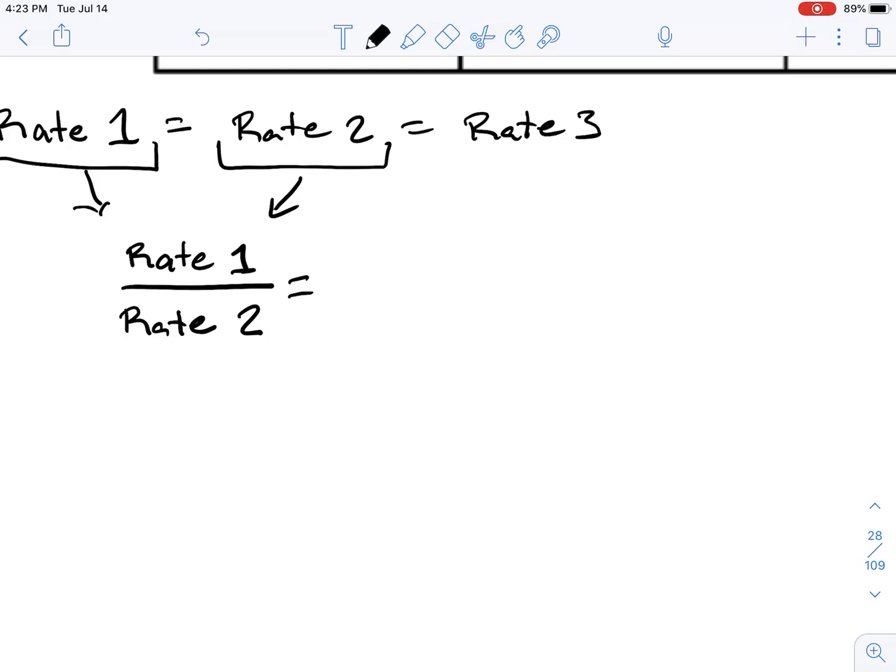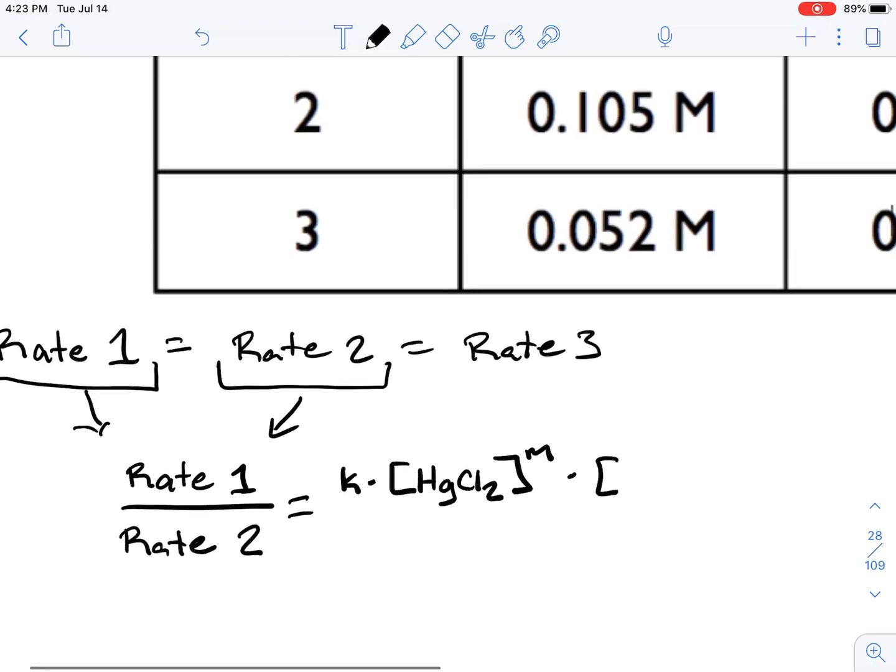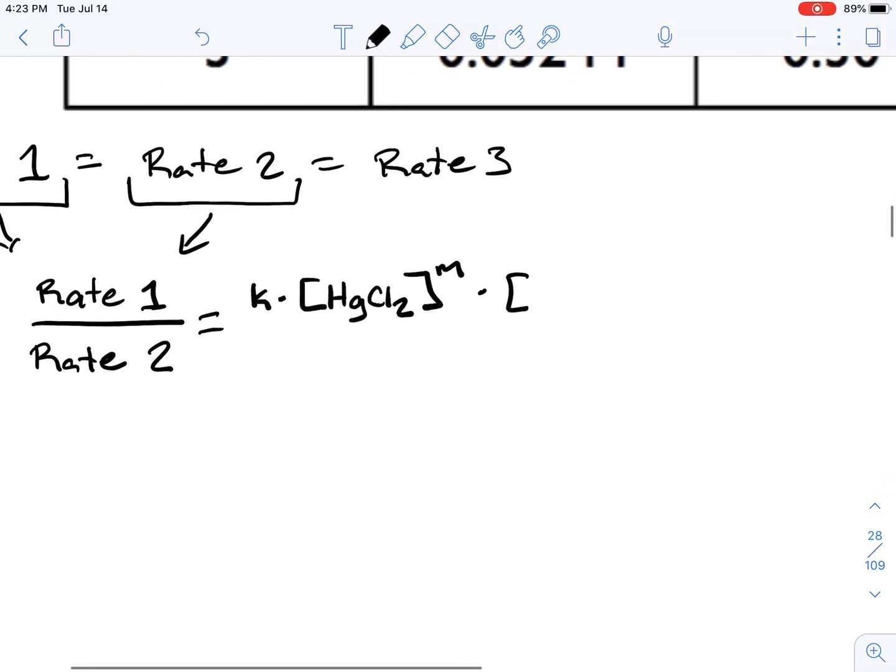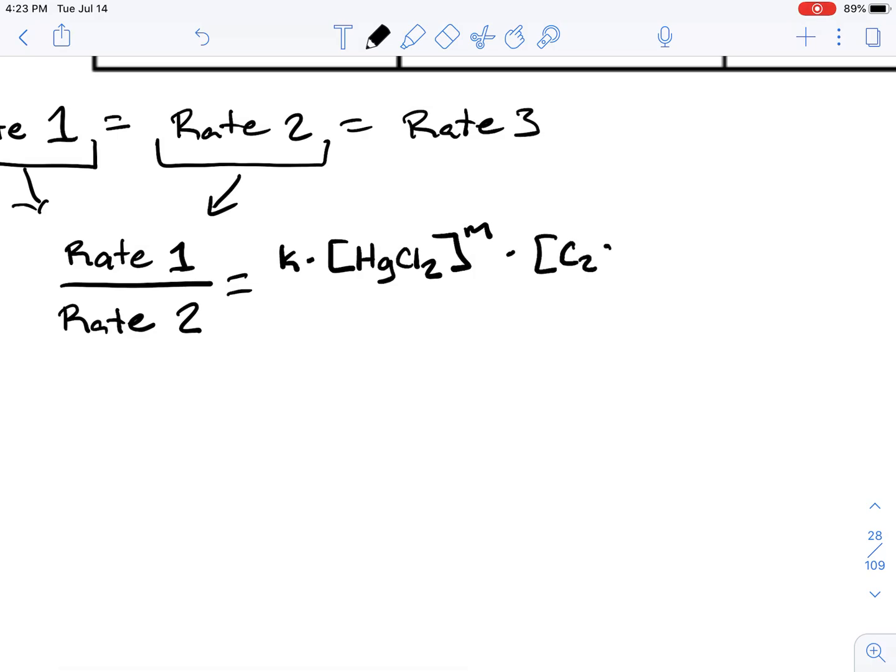So the rate law for trial 1 is equal to the rate constant K times the concentration of mercury 2 chloride raised to the m power, times the concentration of oxalate raised to the n power.